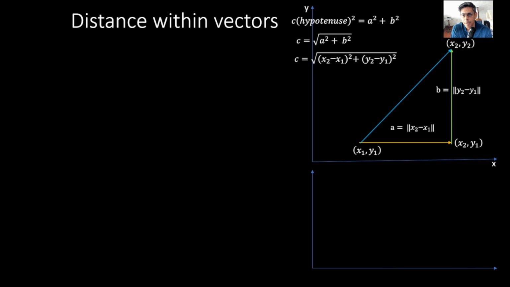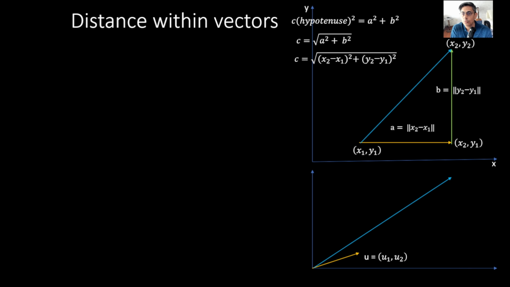Because now let's apply the same thing on vectors. The x1, y1, like we said, is a point in the vector space which can now be represented by a vector u, and by our notation it is not x1, y1. Let's name it as u1 and u2, right? You remember the previous slide. Along the x it is u1, along the y it is u2.